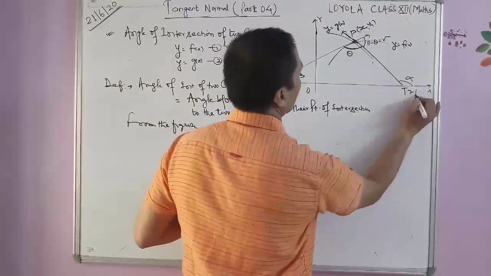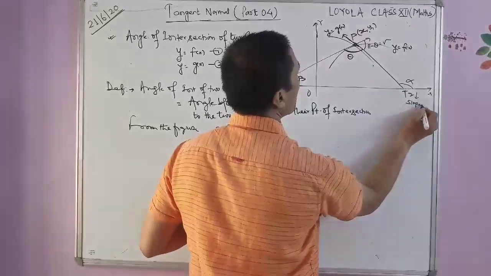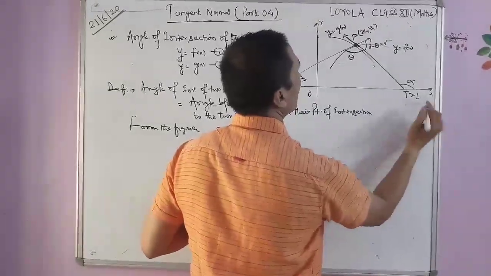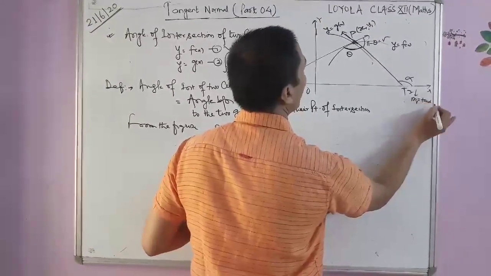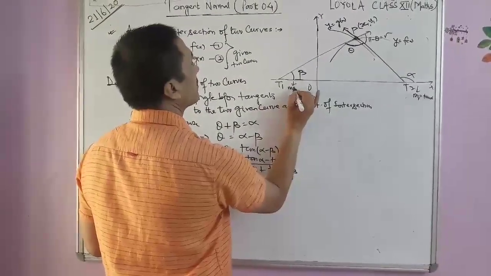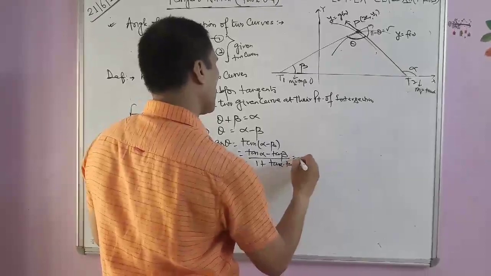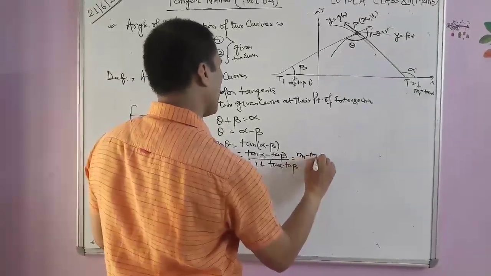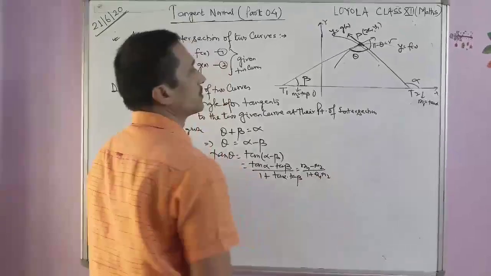Here inclination is alpha, slope assuming it m1 is tan alpha, here inclination is beta, assuming m2 is tan beta. This is equal to m1 minus m2 divided by 1 plus m1 into m2.